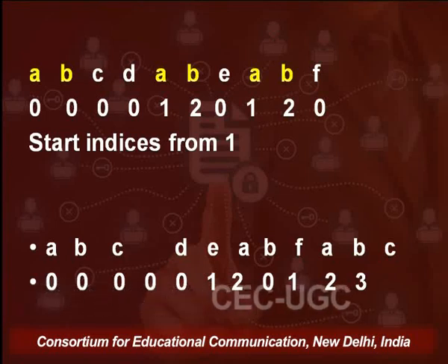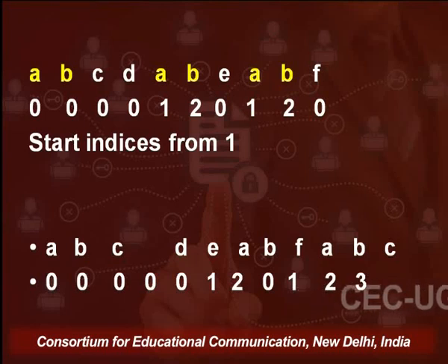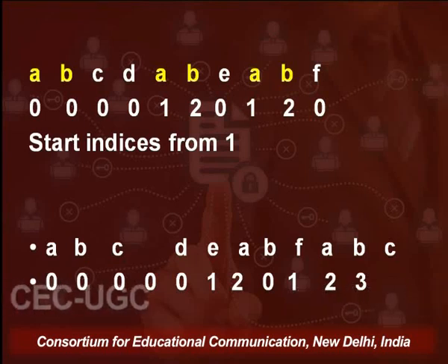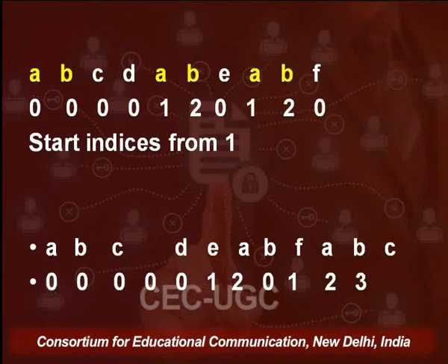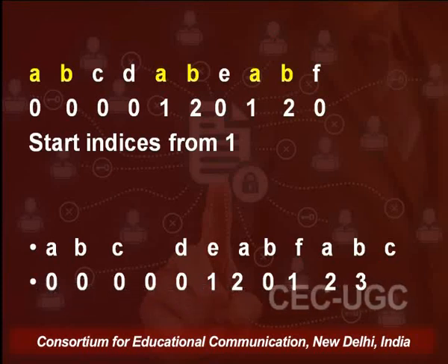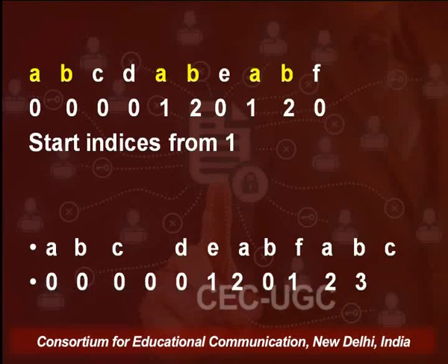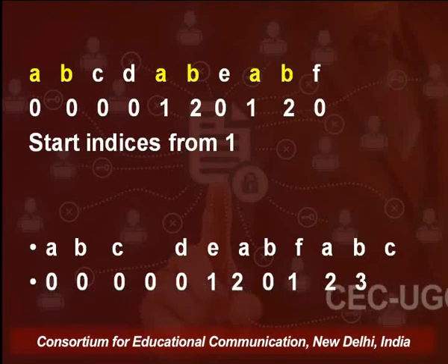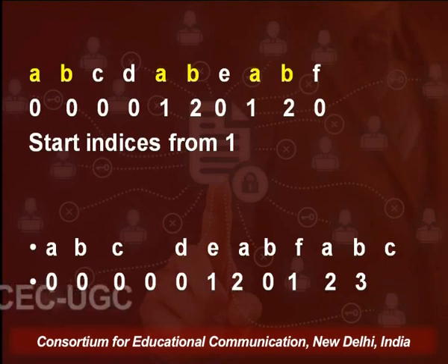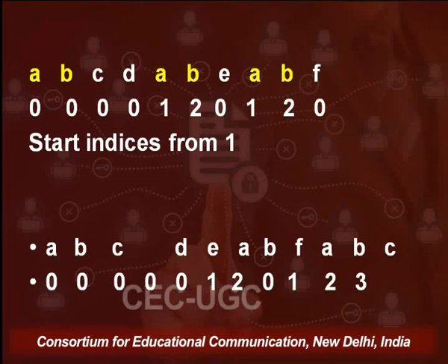So, A at 1, B at 2. What is this information saying? This information is saying the occurrence of AB after D is matching with the occurrence of AB which is at index number 1 and 2. Then E we do not have, so 0, again A and B, and this A and B is again matching with 1 and 2, and the rest of them are 0.